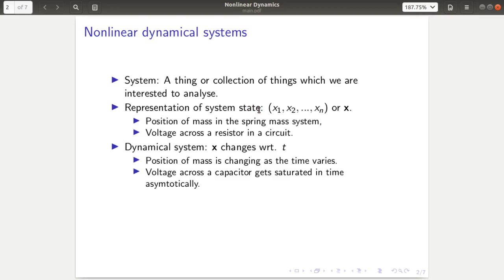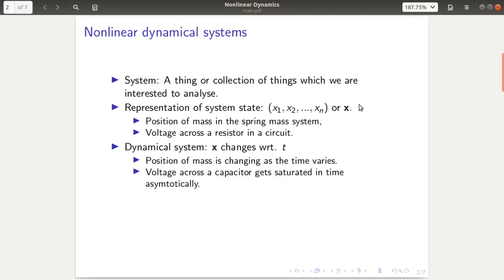Somehow we need to represent the state of the system in a mathematical form, and that we do by a set of variables, maybe each a real number. Let's say a set of n variables. I could represent the state by telling what those n variables are. The same thing can be written as a bold X to represent that it's a vector.